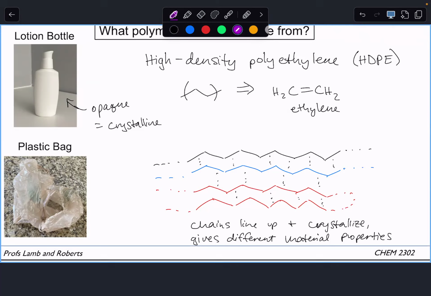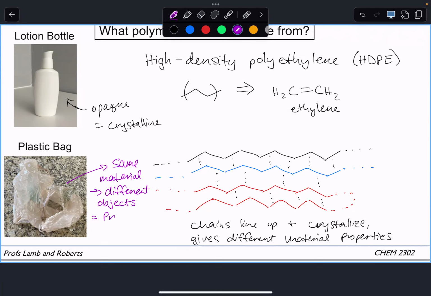So I like to use this example because this plastic bag and this lotion bottle are the same material, but clearly they are quite different. These are very different objects. And so that tells us that it's not just what the polymer is made out of, it's also how you process that polymer.